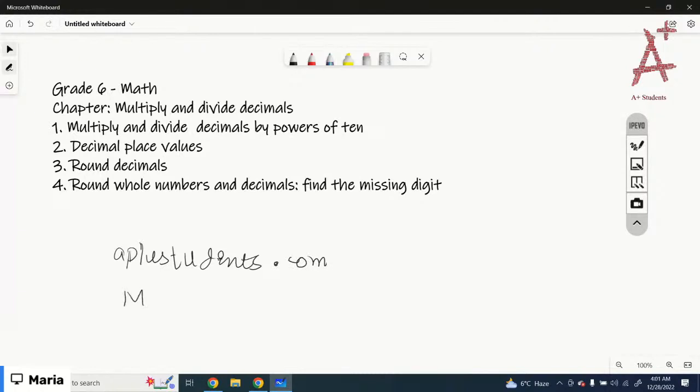Then you have to select math from the subject tab, scroll down to grade 6, and then click on view all lessons. There you can find a list of the chapters. We're going to start with the chapter multiply and divide decimals.